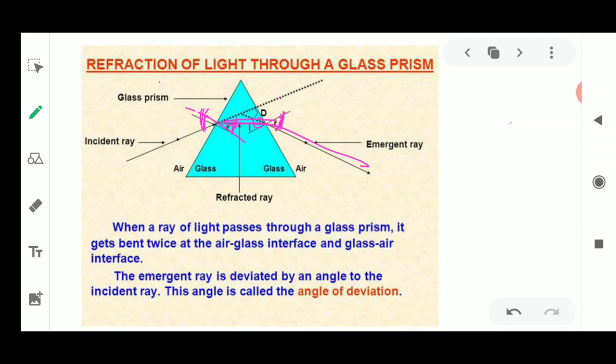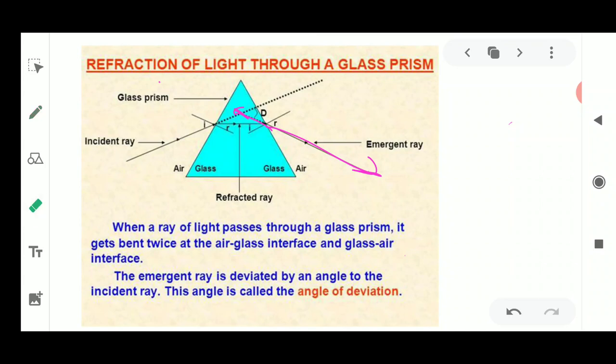Now how is this angle of deviation found? The emergent ray is moving outside. Now we extend the length of the light ray backwards. Why are we extending it backwards? Suppose there were no prism.